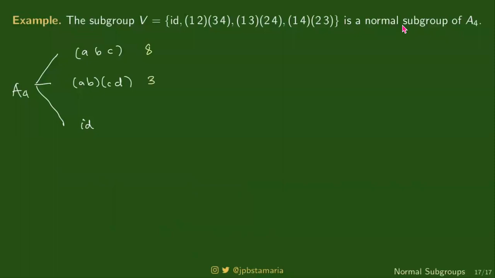Ito 3. Ito syempre isa. Yung subgroup na tong V na tinutukoy dito, siya yung subgroup containing all the 3 elements of this conjugacy class and the identity. This forms a subgroup isomorphic to. Saan nga isomorphic to? Ito. Which group is this isomorphic to?